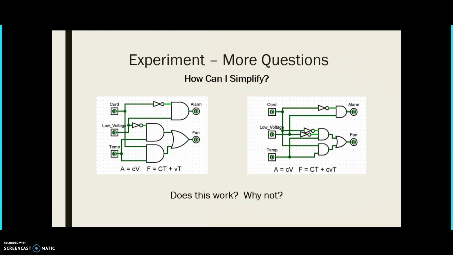The great thing that we have is Logisim allows us to experiment. So let's say, for example, you weren't quite sure about simplification, and you're wondering if the equation CT plus V naught T is equivalent to CT plus C naught V naught T. Well, the great thing is you can actually put out these circuits.